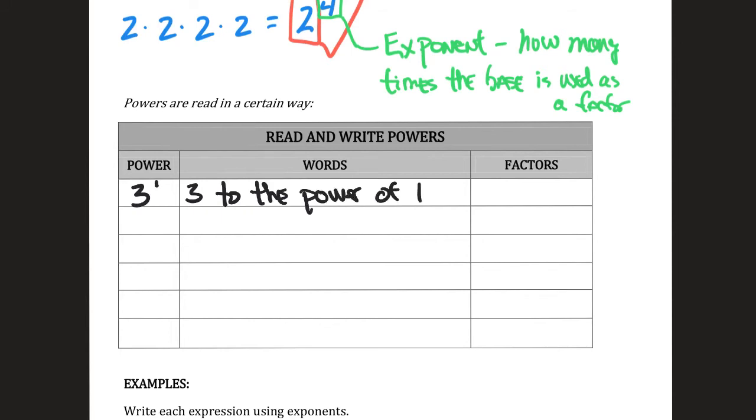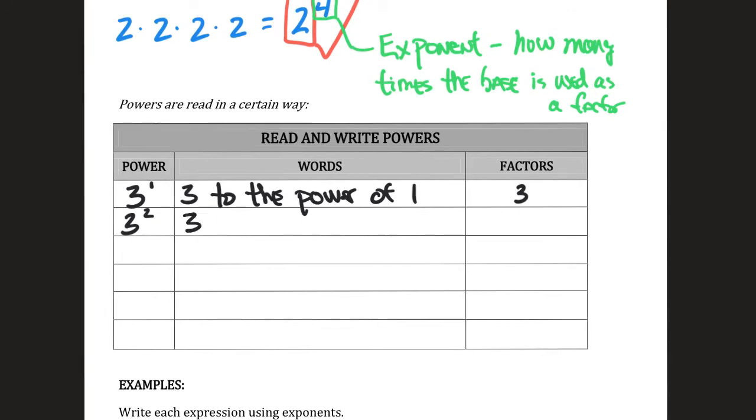And the factors would be just a 3, right? If I have base of 3, exponent of 2, you have 3 to the second power, or more commonly you'll hear me say 3 squared. When your exponent is 2, you can say 3 squared. And the factors would be 3 times 3.